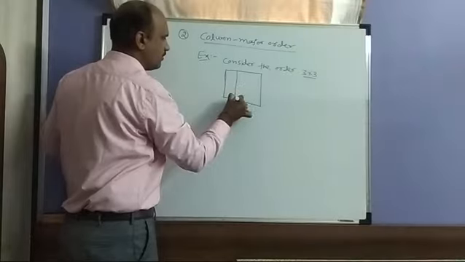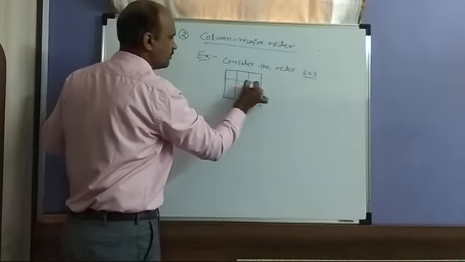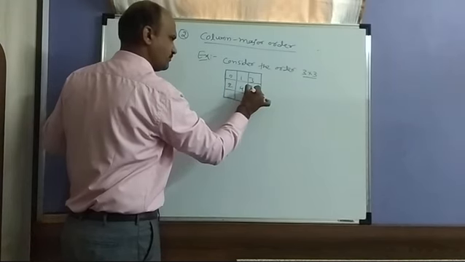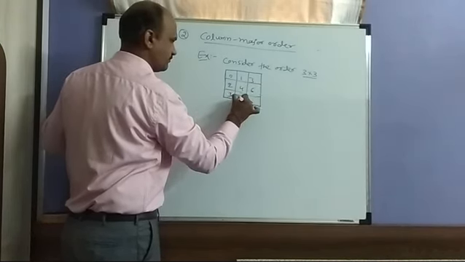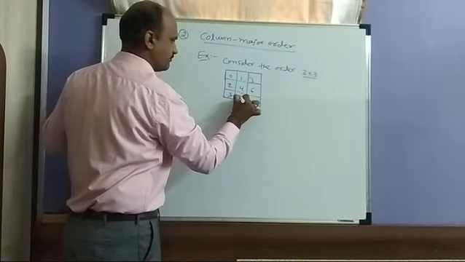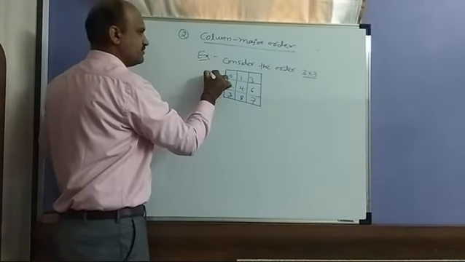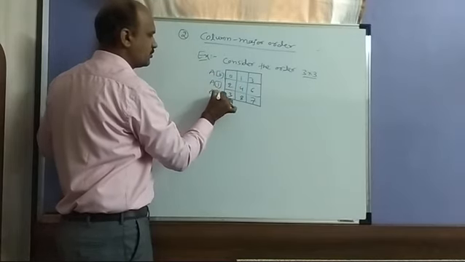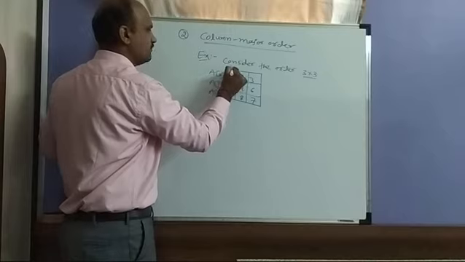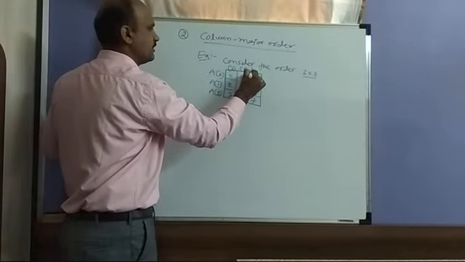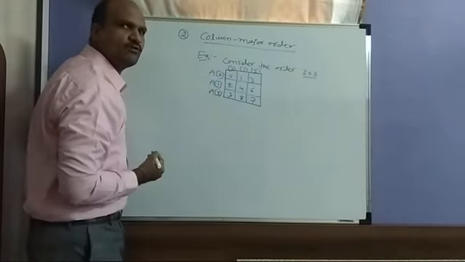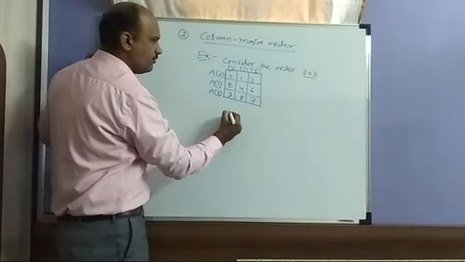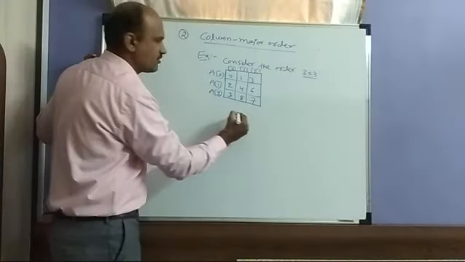Now we are going for the column major order. It will be stored the same, A[0], A[1], A[2]. Now I will write the column-wise elements.